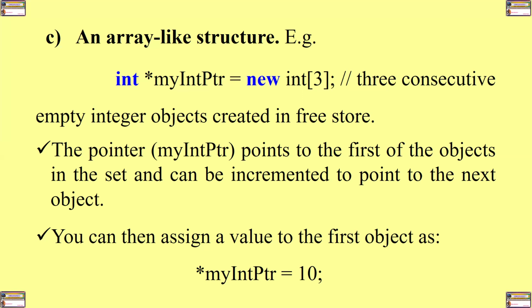And therefore, in this last statement, we are assigning value 10 to the array indirectly through the pointer. This is because the pointer has already been initialized with the memory address of the array.